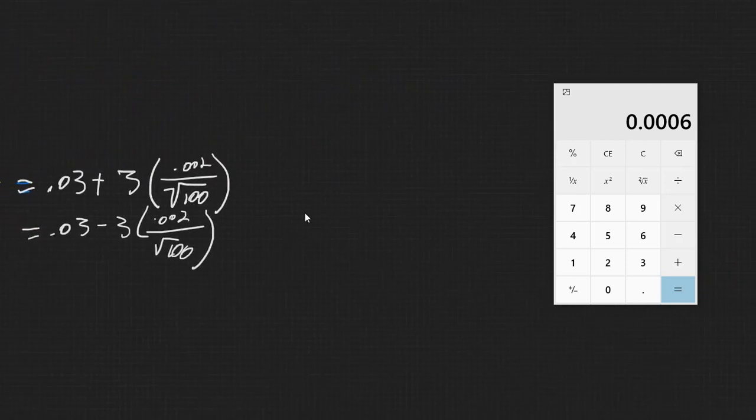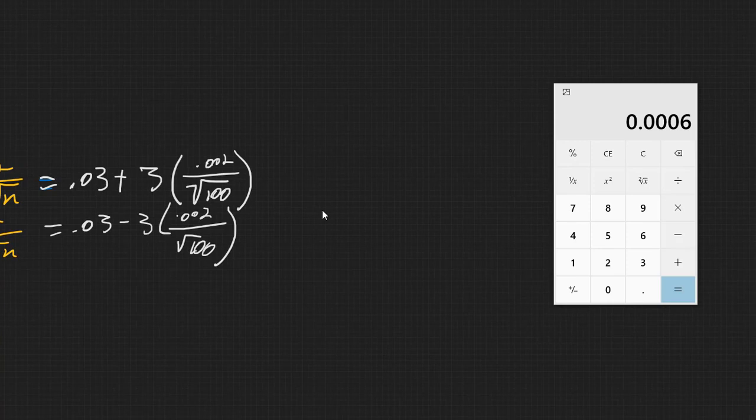Let's keep calculating. The square root of 100 is 10, so that's not a problem.